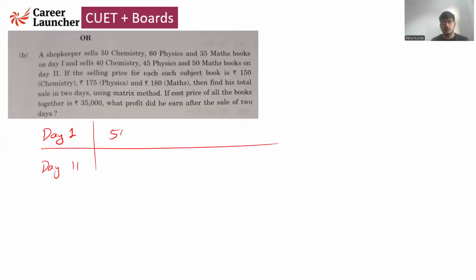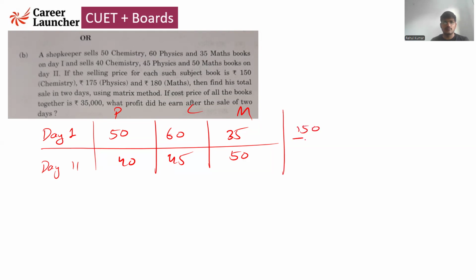On day one he sells 50 chemistry, 60 physics, and 35 math books. On day two he sells 40 chemistry, 45 physics, and 50 math books. Now, chemistry books cost 150 rupees, physics will cost 175, and maths will cost 180 rupees.